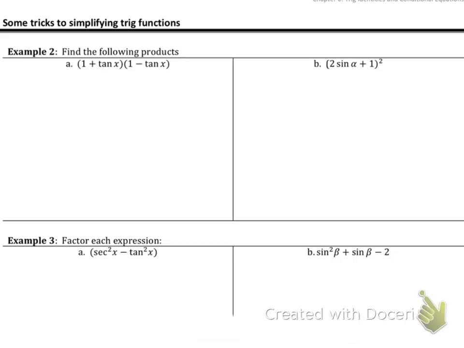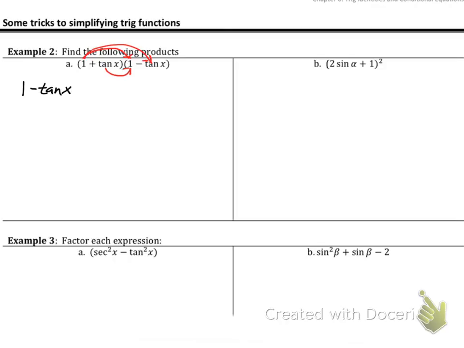All right, so you can either use FOIL, distributing. I'm just going to distribute. I'm going to distribute that 1 to that 1, which equals 1, I'm pretty sure. I could be wrong. 1 times negative tangent is just going to be negative tan x. I distributed my 1 fully, so I'm going to distribute my tangent to that 1.